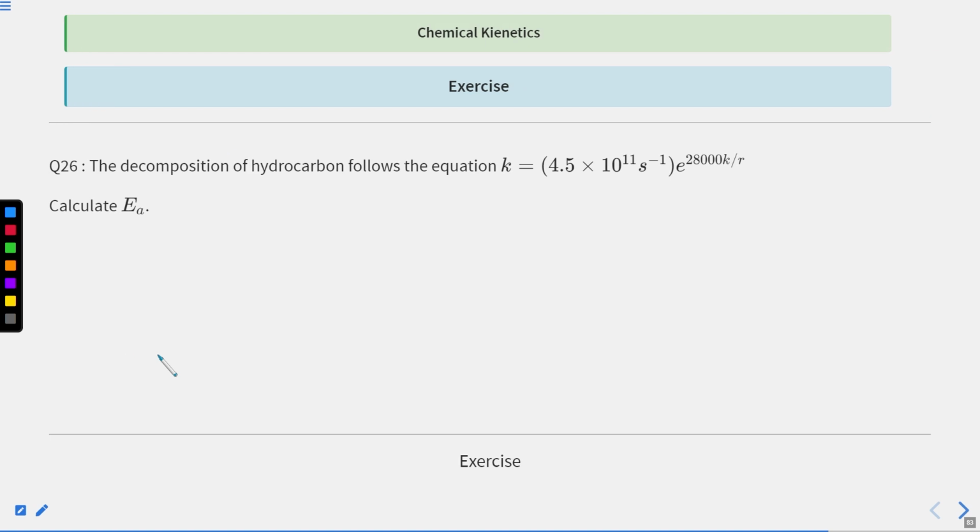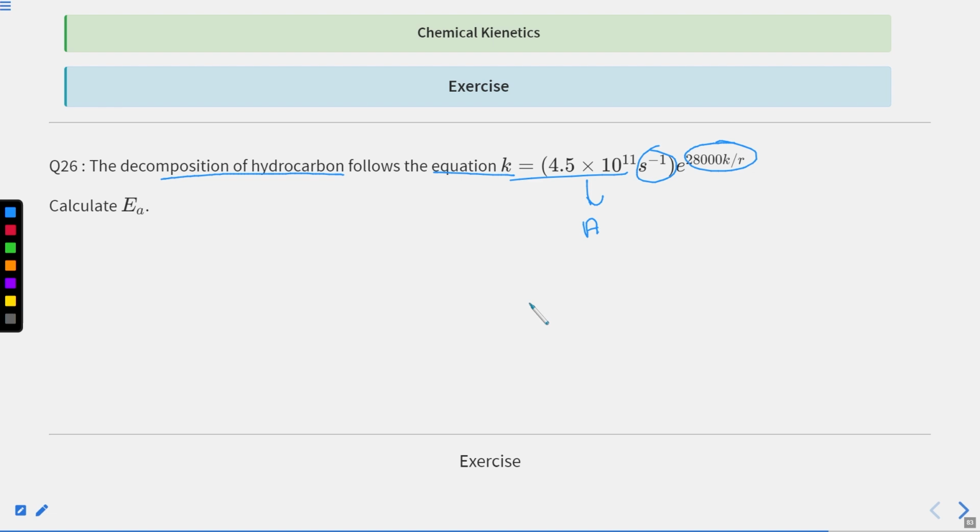After that, the decomposition of a hydrocarbon follows this equation. K is equal to 4.5 into 10 to the power 11 per second. Now this is clearly your A because it has the unit of the exponential factor. Next, what is given? This is given: 28000 K by T. So how will we calculate this?